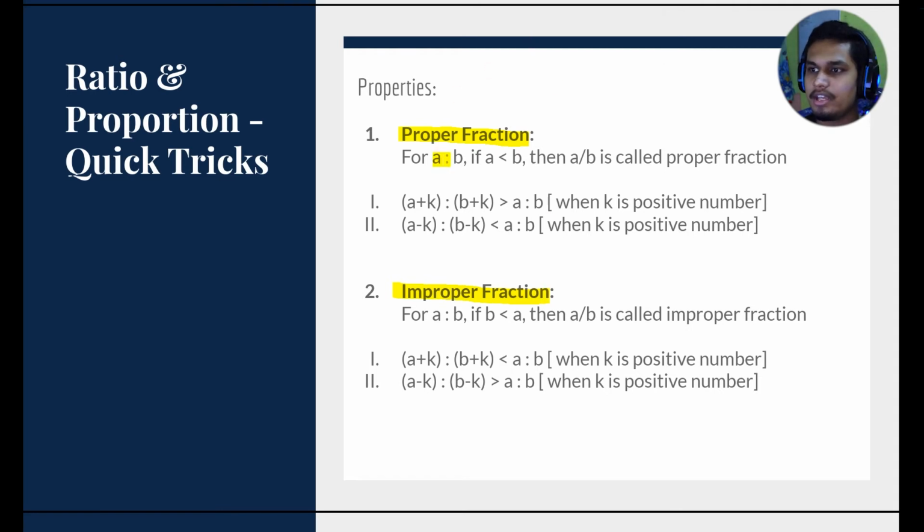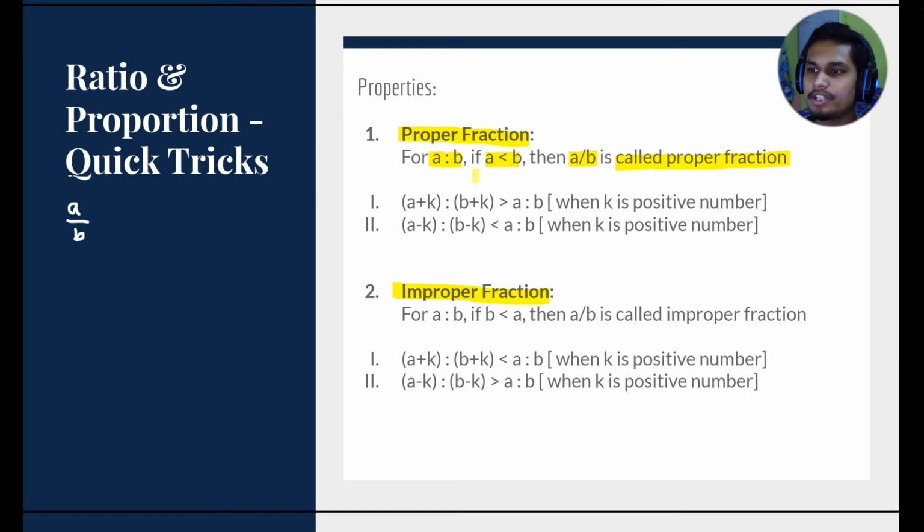For a is to b, if a is lesser than b, then a by b is called proper fraction. For a is to b, we can write it as a by b as a fraction. Now if a is less than b, then a by b is called proper fraction.